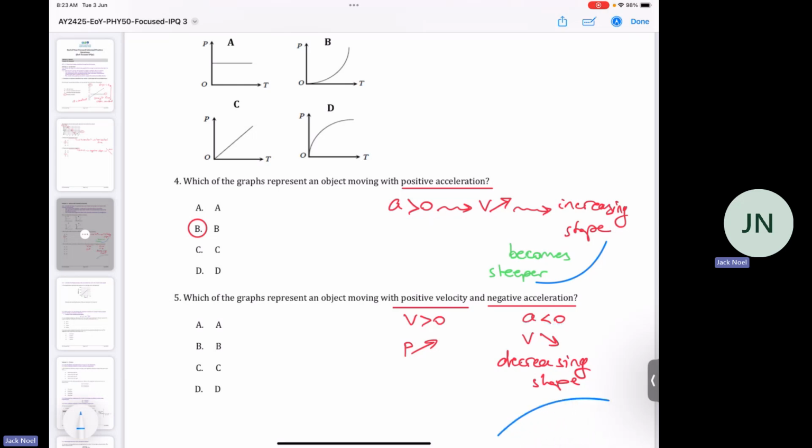When the graph is becoming shallower, it means that the slope is decreasing. So let's write here, becomes shallower. So in this case, I can tell already which graph is representing an object moving with positive velocity and negative acceleration. It's D.